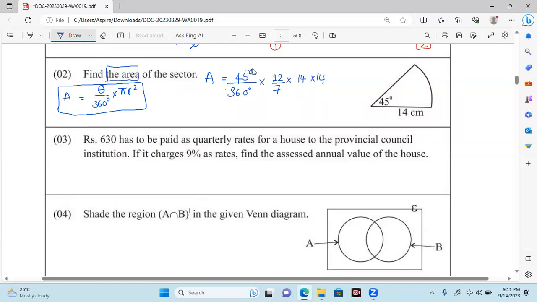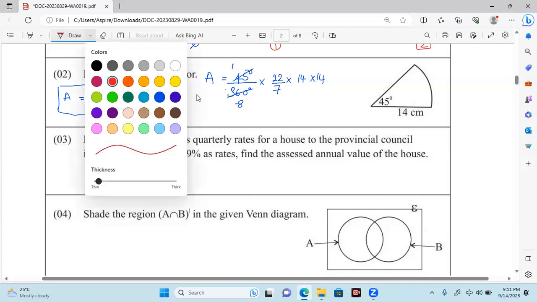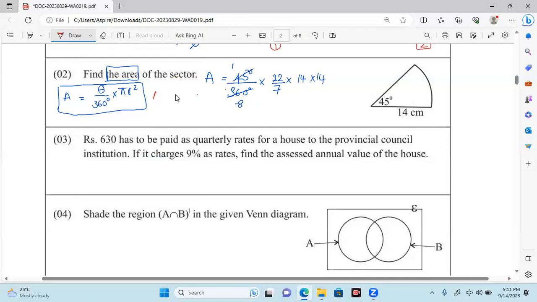If you simplify this, how many 45s are there? It's 8. If you have written the area like this, 1 upon 8 into pi r squared, it can also be considered correct.